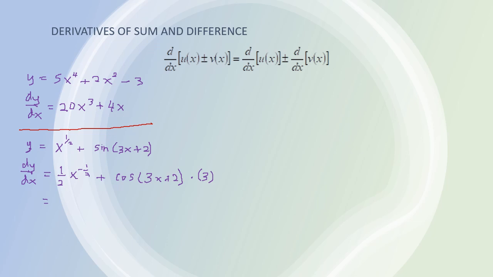Simplify our answer, we get 1 over 2 x to the power of negative 1 over 2 plus 3 cos 3x plus 2.